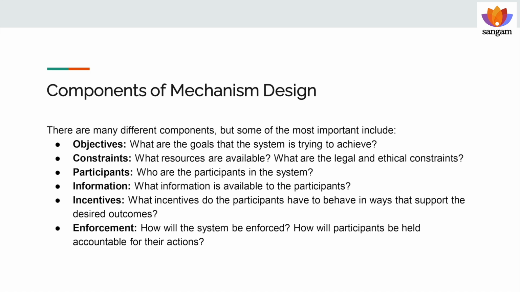This is something a designer decides, how much information he wants to provide to a participant so that they work accordingly. Incentives: what incentives do the participants have to behave in a way that supports the desired outcome, which is basically giving reward or punishment, and how will you enforce this system? All these are important components of mechanism design.